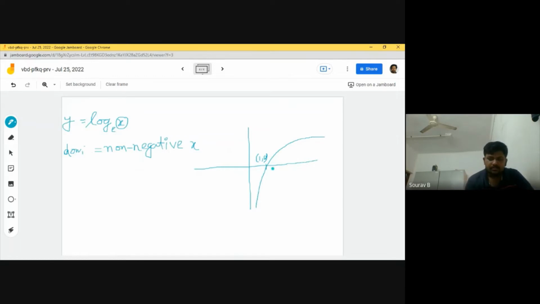So it will be a monotonically increasing graph, but one thing I will say about it is that the rate of this increment will go down.